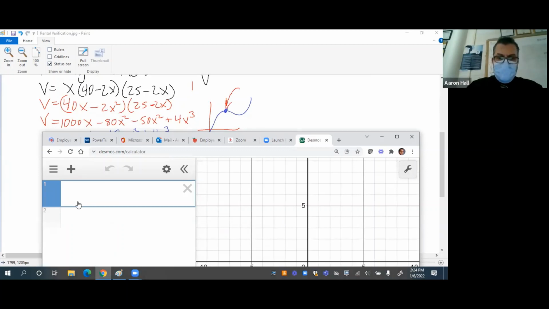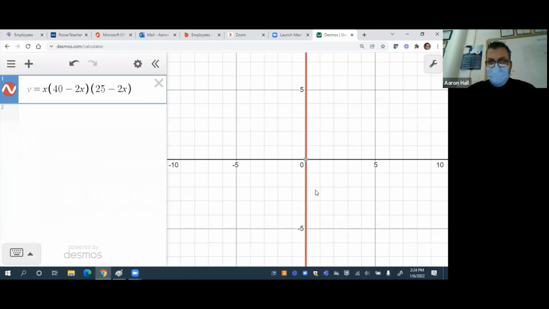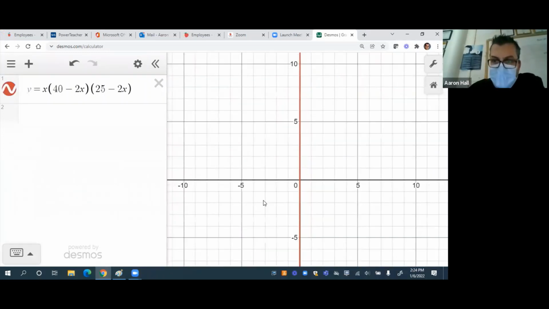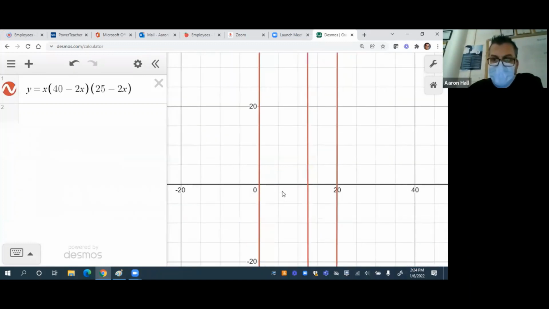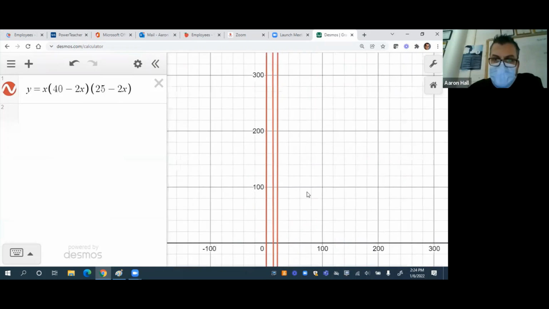So we have our volume, we'll just call y equals x times 40 minus 2x times 25 minus 2x. And there's our graph. It does not look pretty. In fact, how far does this shoot up?